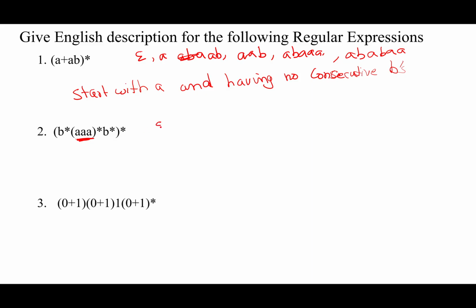So there is a possibility for the empty string because of the Kleene closure, and if we apply the empty string, only b can be there. Then there will be 3 a's. Then 2 b's is also possible, so bb is also possible. Then b a b is possible. Then b b a, where a always appears triple times.